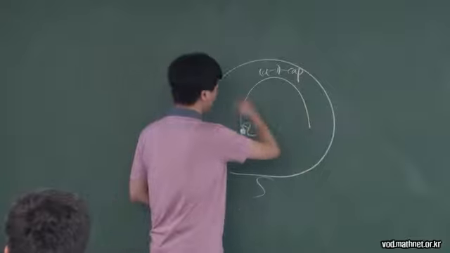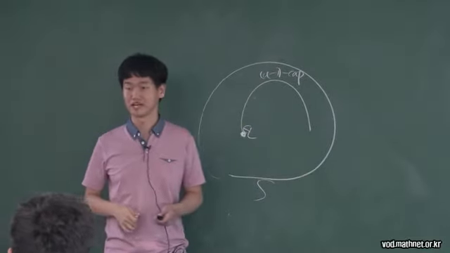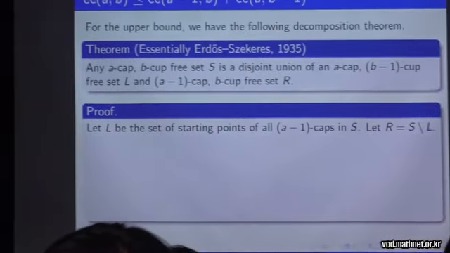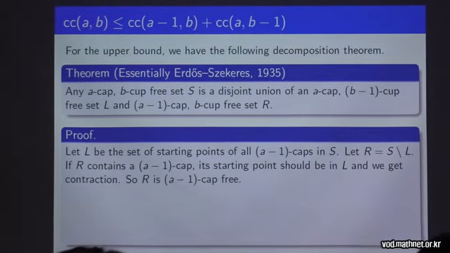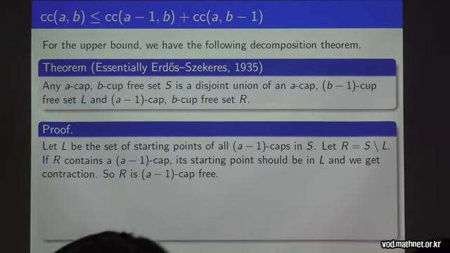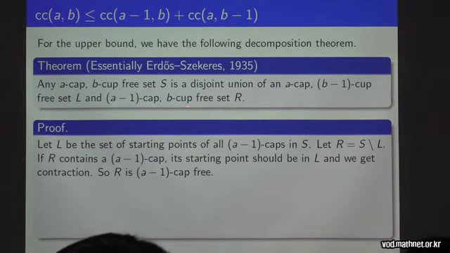So, and we do that for every possible A minus 1 cap. And let R be its complement. First, I want to show that L is A cap B minus 1 cup free, and R is A minus 1 cap B cup free. So first I have to show this one and this one essentially.